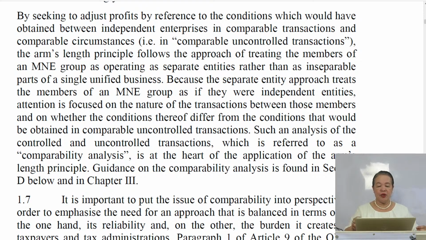In comparable uncontrolled transactions, the arm's length principle follows the approach of treating the members of an MNE group as operating as separate entities rather than as inseparable parts of a single unified business. So there lie the difficulties. Why? Transfer pricing treats the members of the group as separate entities, when in truth and in fact, they are not.